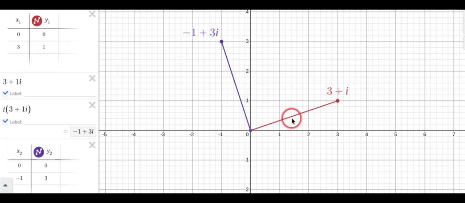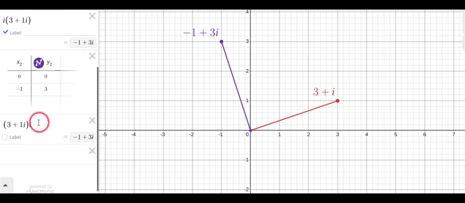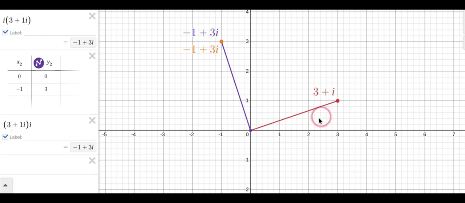Okay, we got a rotation, and we knew we would. So it went in the counterclockwise direction by 90 degrees. Now I'm going to hit it from the left with I. So I did it from the left. Now I'm going to do it from the right. What do I get? I get the same thing. And we knew that would happen.